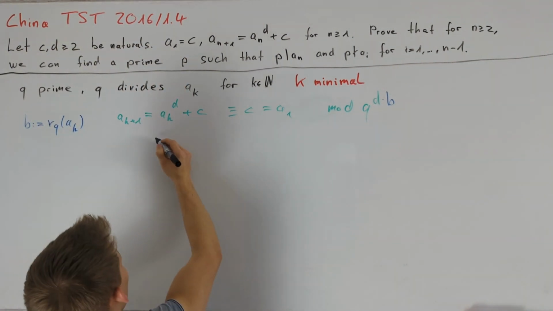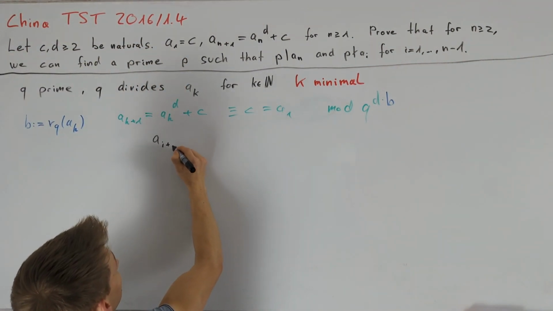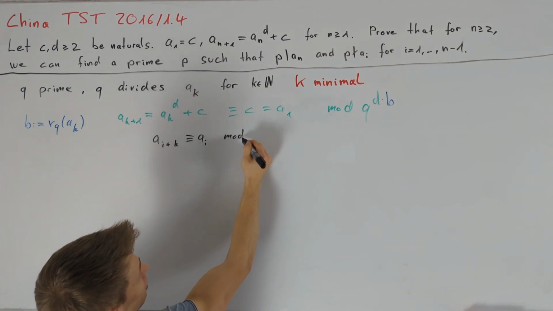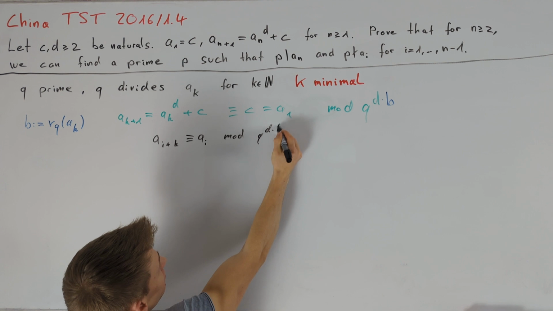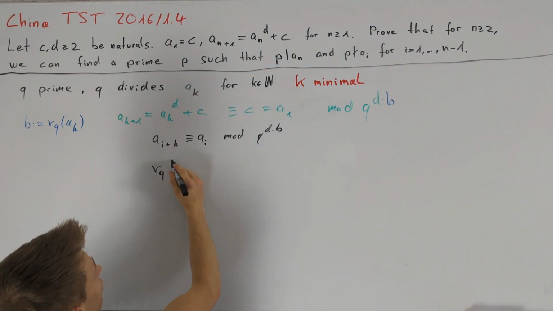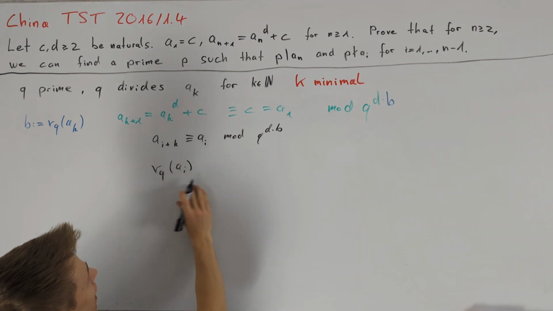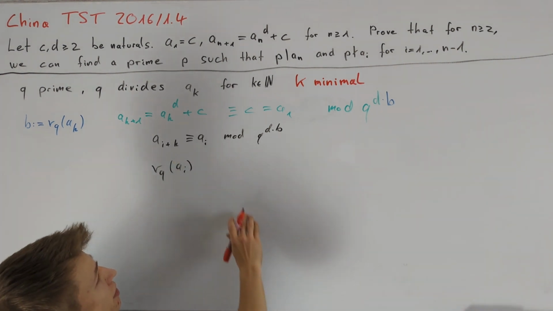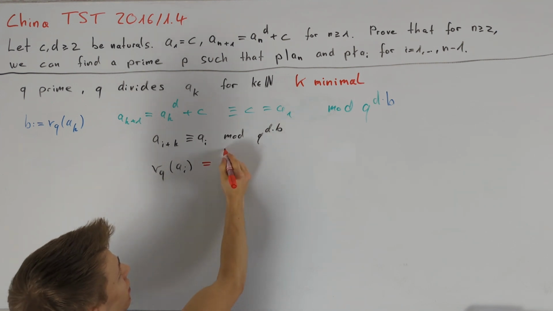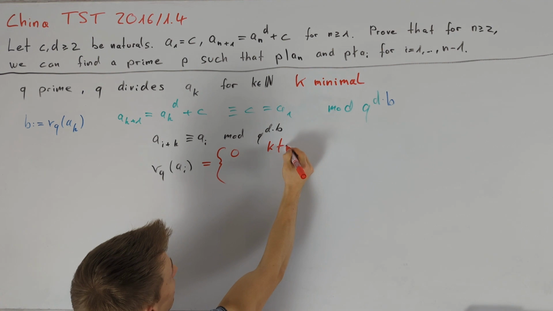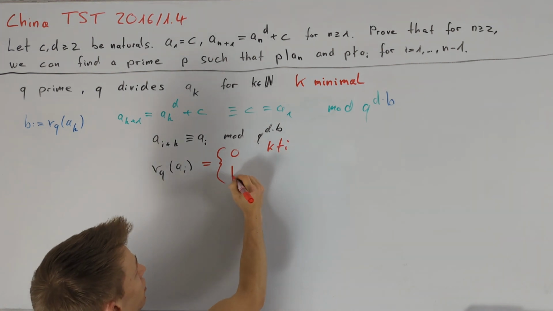Thus we have that a_{i+k} is congruent to a_i modulo q to the power of d times b, and thus we are able to calculate mu_q of a_i for all i only in terms of a_1 up to a_k. Namely, by the minimality of k, this is equal to 0 if k does not divide i, and otherwise this is equal to b.